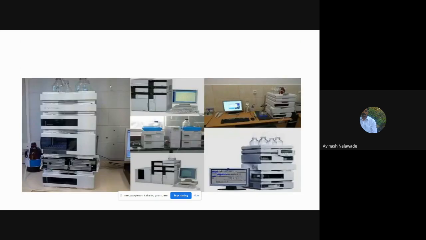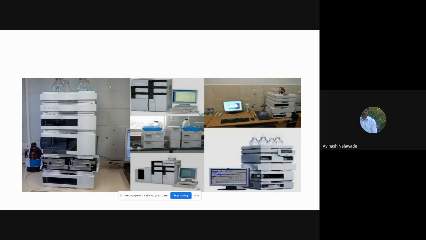Now you might have seen these types of instruments. Different companies manufacture HPLC in different ways, and you might have seen these different types of instruments. Some instruments are fully automatic, that is, they have an auto sampler. In some cases, sampling has to be done manually.